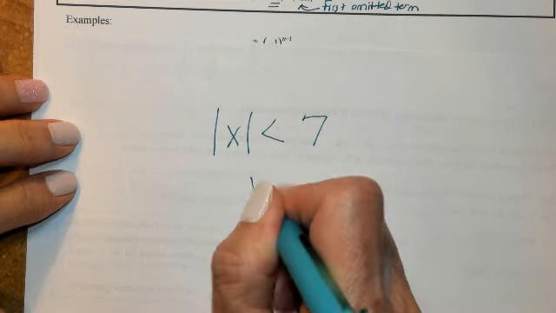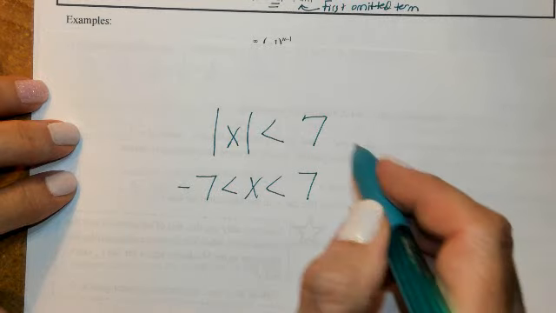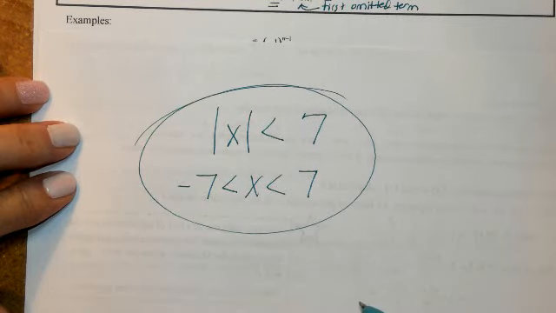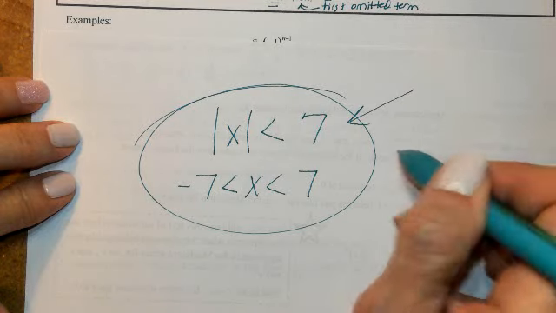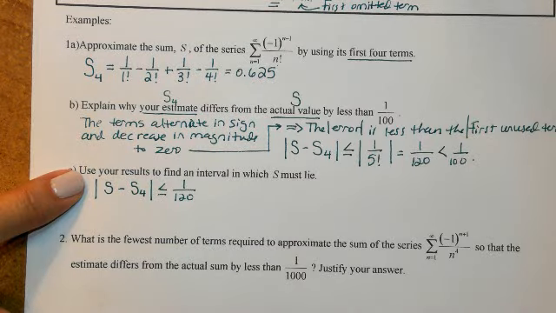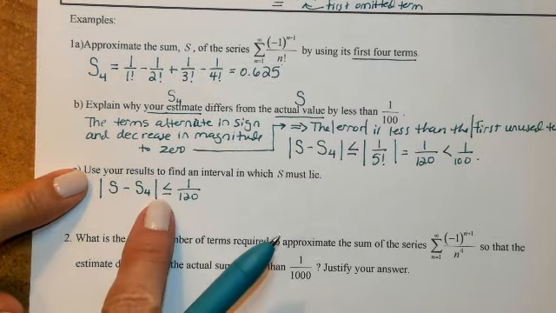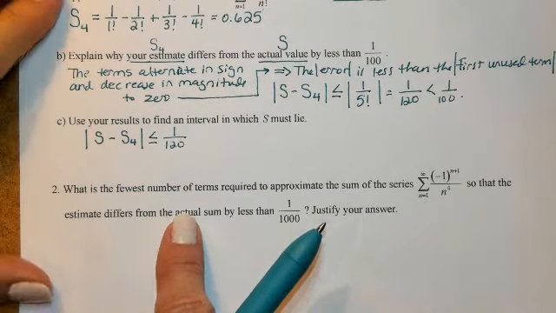Yes. X is anything between negative 7 and 7. These mean the same things, right? This is an absolute value form. This is an interval. We want to find an interval in which S must lie. So let's change this out of absolute value form and into interval form.